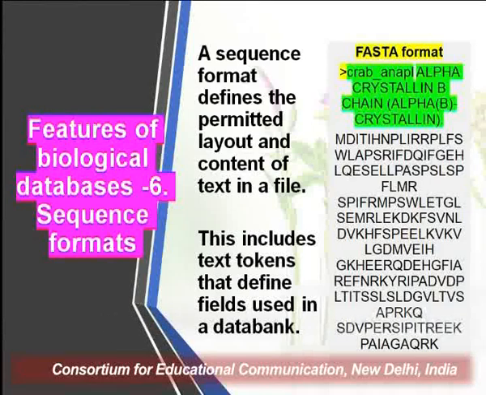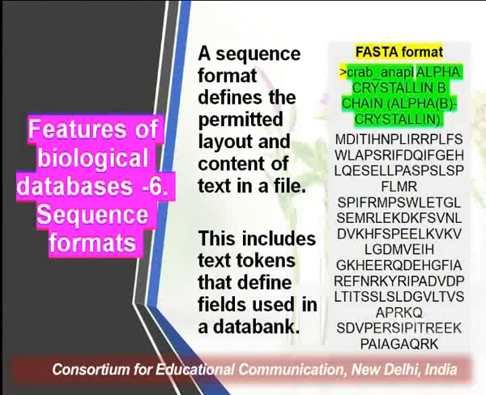And what are these formats? Basically covering the text tokens used to define the fields used in the database. Say, for example, I have taken FASTA format here as an example, and the main feature of FASTA format is that it always starts with the greater than sign. And in the first line, after the greater than sign, we have the description of the protein we are talking about.